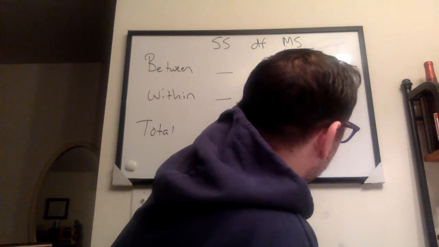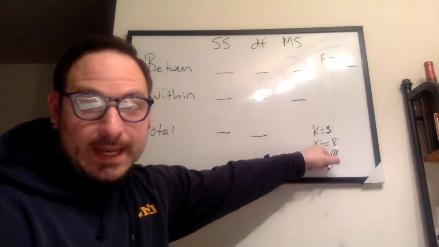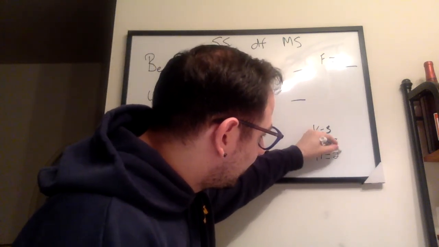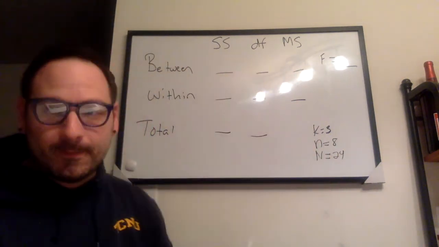So little n equals 8. So point of inference here, if you have 3 groups, each of those groups contains 8 individuals, your total sample size is 24. You're going to need that information to do this column.